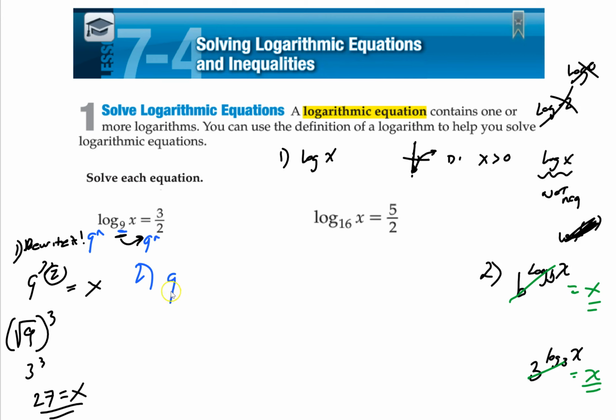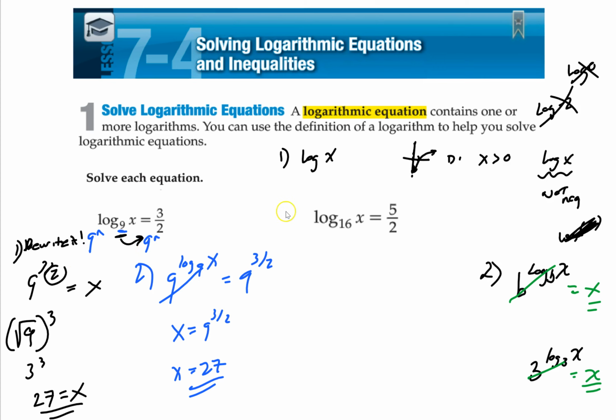It looks like 9 to the log base 9 of x equals 9 to the 3/2. What happens here is that these cancel out, and you get x equals 9 to the 3/2, which we already did, and we know is 27. I know it's essentially the same thing, but we're going to do it more mathematically. We just take the 9 on both sides, and an added bonus, it's an easier way to rewrite it.